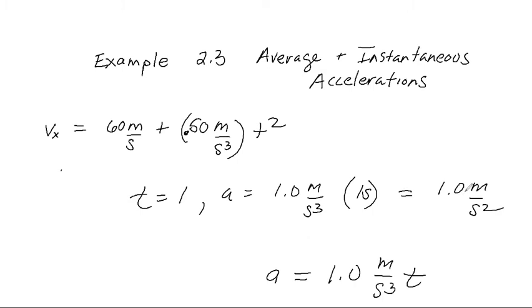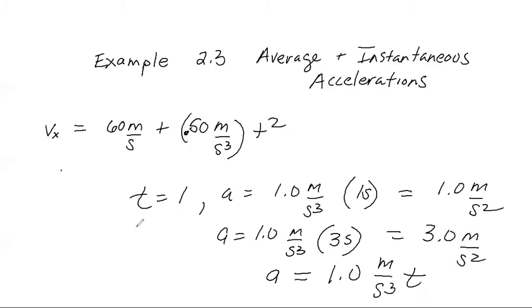You see our units do work out, and that is one way to check your answer in physics. And at t equals 3 seconds, a equals 1.0 meters per second cubed times 3 seconds, which is going to be equal to 3.0 meters per second squared. So these are our instantaneous accelerations at time t equals 1 second and at time t equals 3 seconds. And this is our expression.